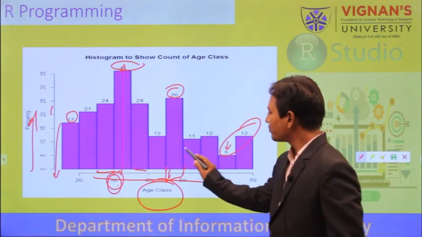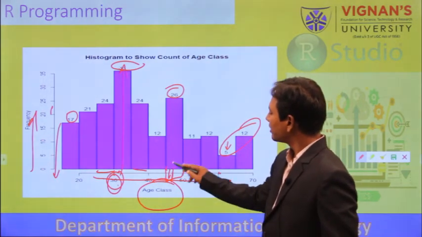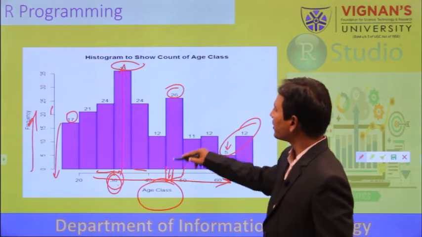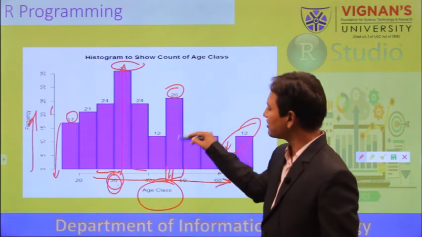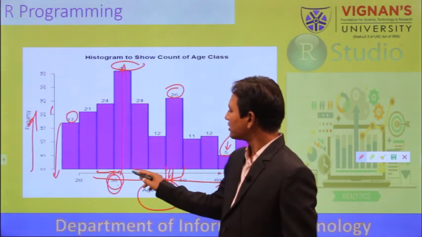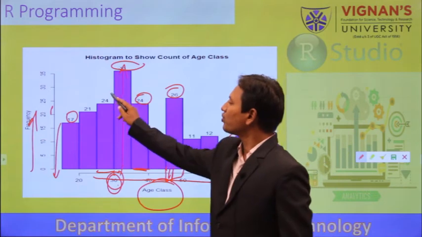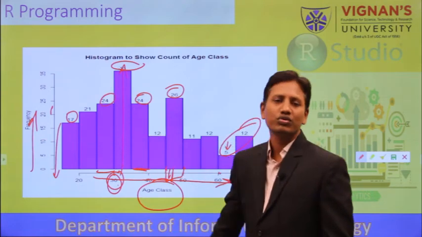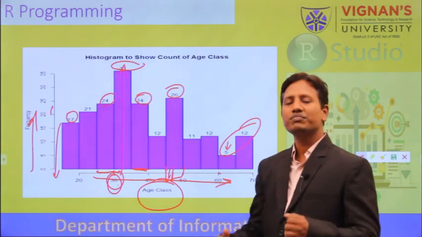As I told you, this tells us that 45 to 50 has 26 people, and next people are 35 to 40. We have 24. So this way we are able to understand the data, and this gives us much information.